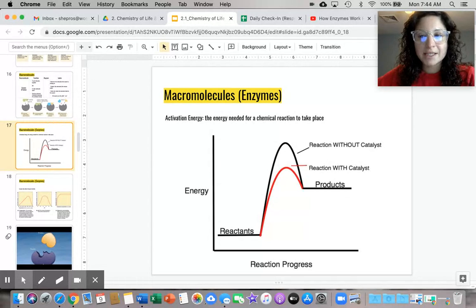An enzyme is a biological catalyst. So they're both lowering the activation energy. The enzyme will do it inside of our bodies because we are living things. But because we don't need as much energy, the reaction happens a lot quicker. So this is why we're able to live and react at the speed that we do.